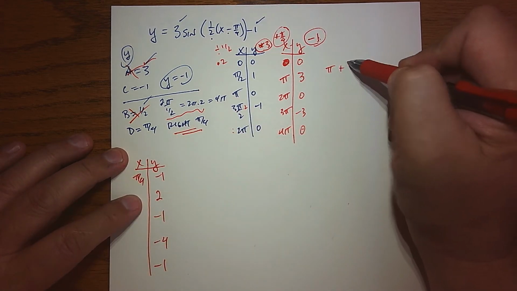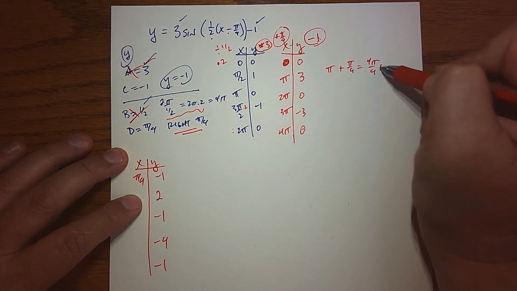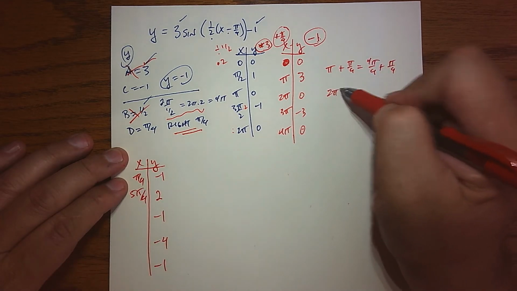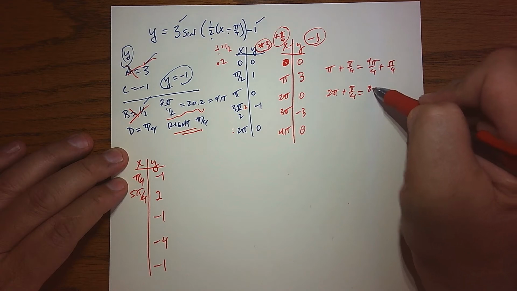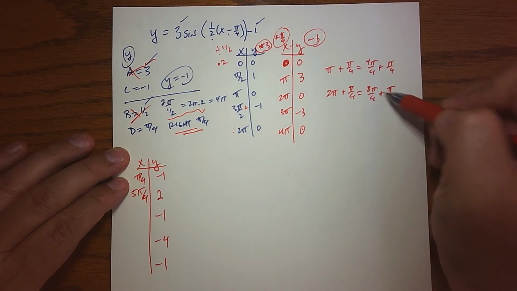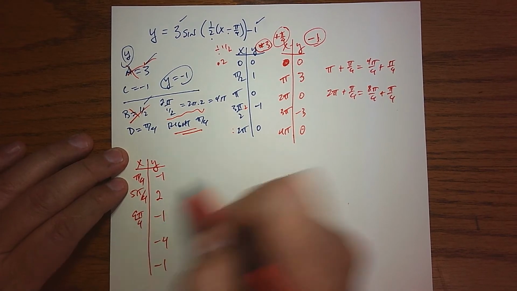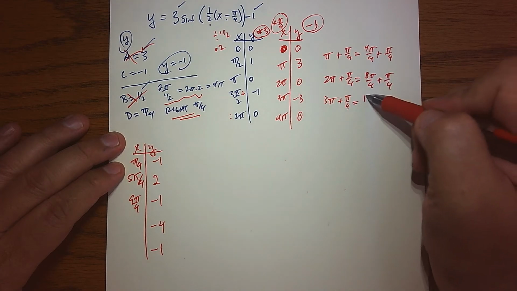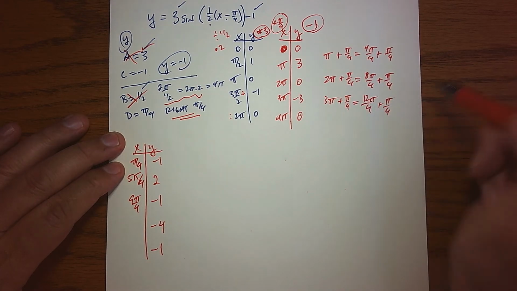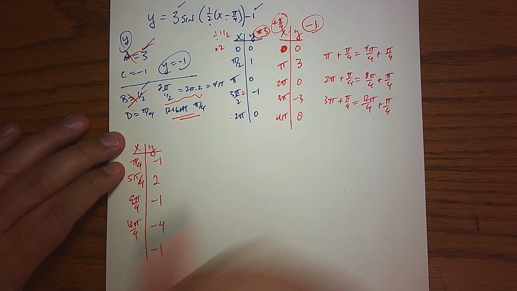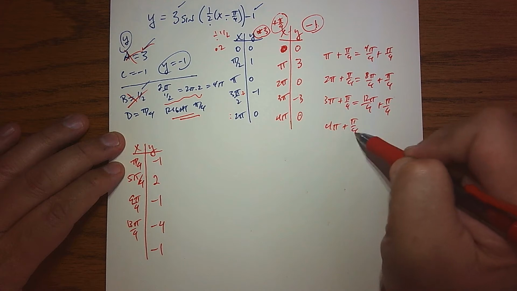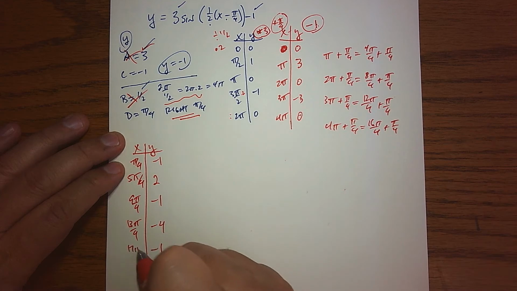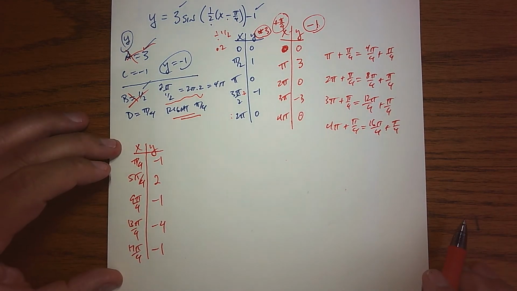Pi plus pi over 4 is 4 pi over 4 plus pi over 4, that's 5 pi over 4. 2 pi plus pi over 4 is 8 pi over 4 plus pi over 4, which gives us 9 pi over 4. 3 pi plus pi over 4 is 12 pi over 4 plus pi over 4, that's 13 pi over 4. 4 pi plus pi over 4 is 16 pi over 4 plus pi over 4, which is 17 pi over 4. So there's our scale, at least for one cycle.